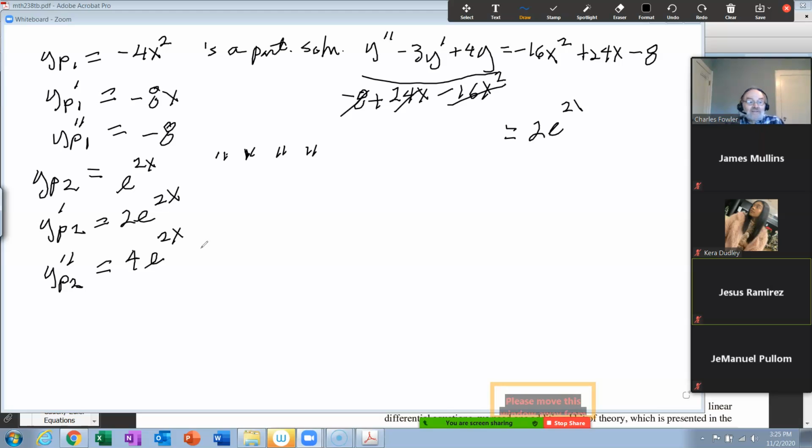Now let's see what happens if we plug that in to the left-hand side of that differential equation. That would be 4e to the 2x minus 3 times 2, that would be minus 6e to the 2x, plus 4 times that, plus 4e to the 2x, and the question is, is that equal to 2e to the 2x?